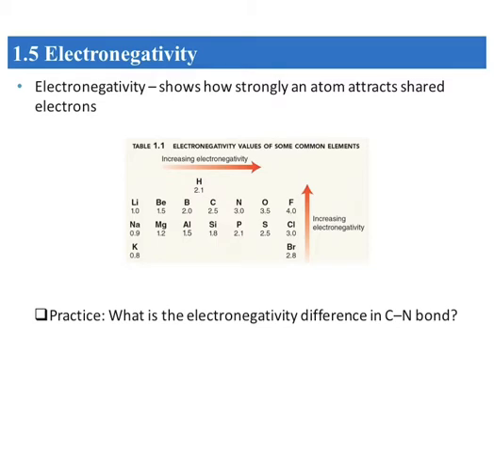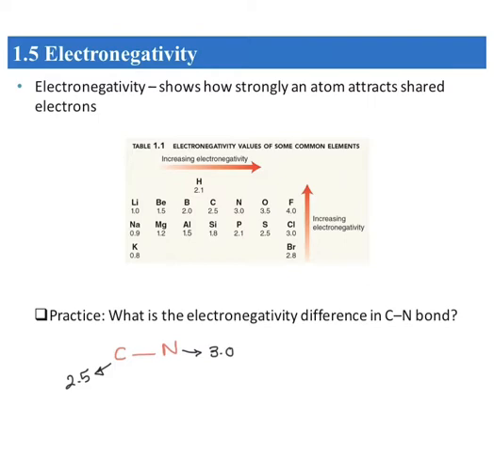So consider a bond like carbon-nitrogen bond. If you look at the electronegativity value for nitrogen, the value for that is 3, and for carbon it is 2.5. So nitrogen is more electronegative than carbon.